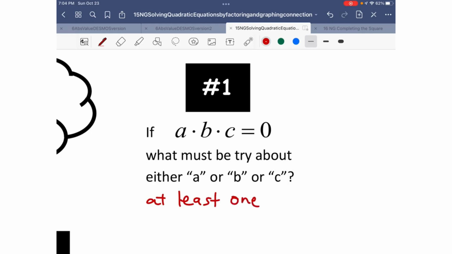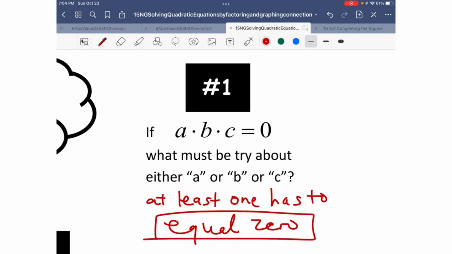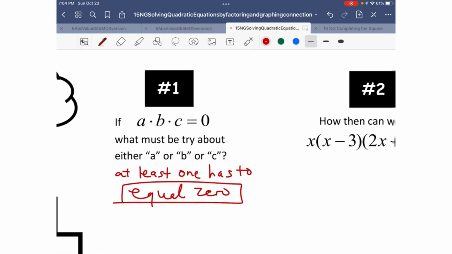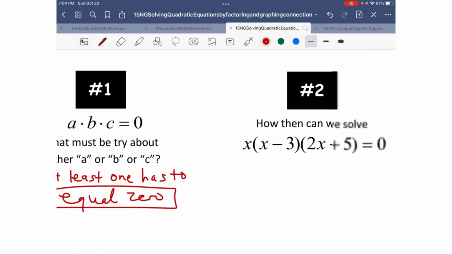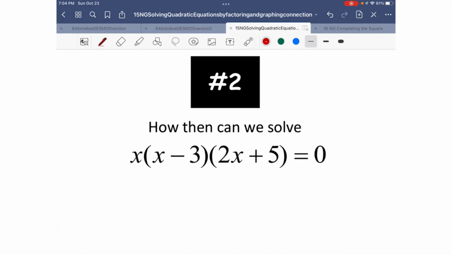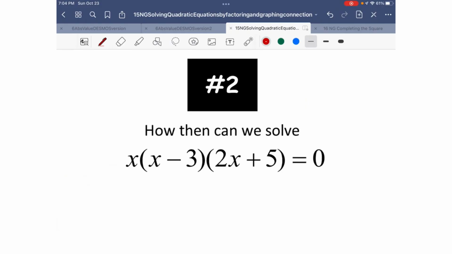That's right, at least one of them, either A or B or C, has to equal 0. If I multiply stuff together and come out with the number 0, then at least one of those things I multiply has to equal 0. Could it be all three of them? Sure. Could it be two of them or one of them? Yes, at least one of them has to equal 0.